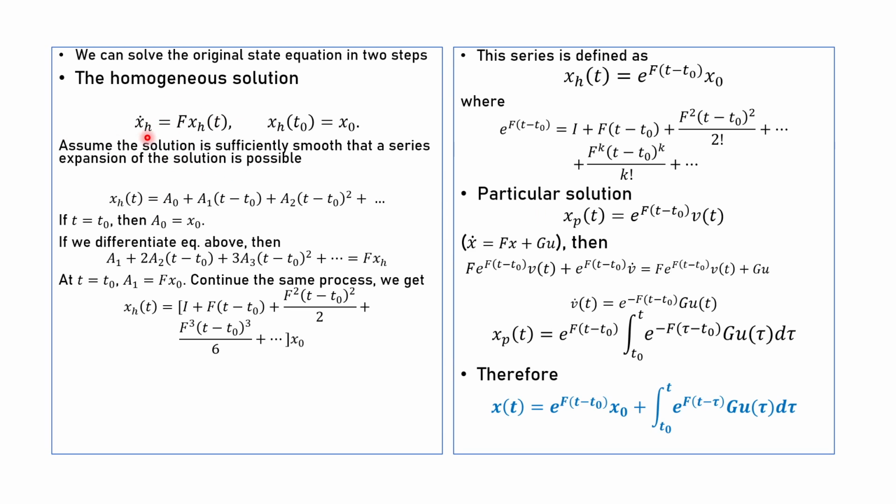The homogeneous solution is from this equation, h dot equal to just F times h. So this equation defines the stability of the system itself. Where the particular solution is defined in terms of the input. If you have an oscillating input, then you also have oscillating output. If you have growing input, you may also have growing output.